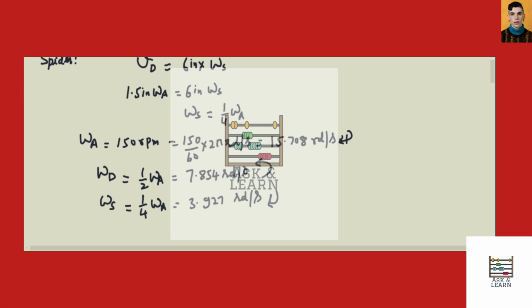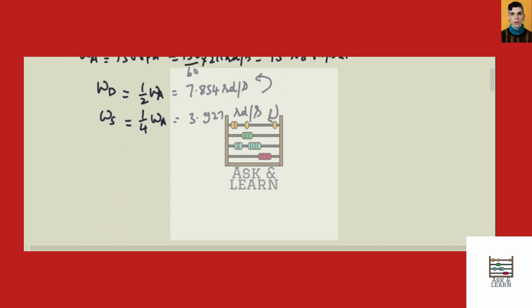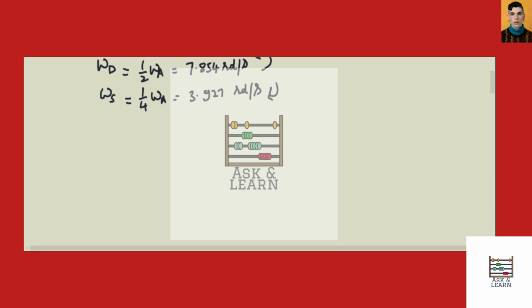Now we will calculate acceleration. Acceleration analysis. First for the spider, angular speed of spider is 3.927 radian per second in clockwise sense.